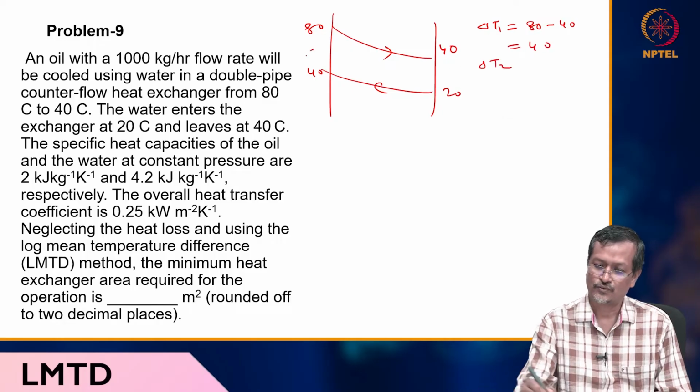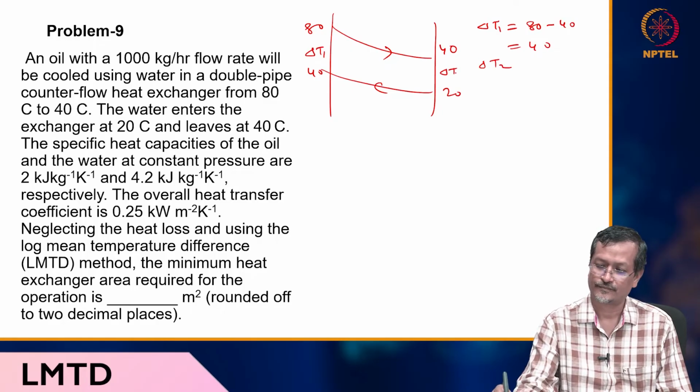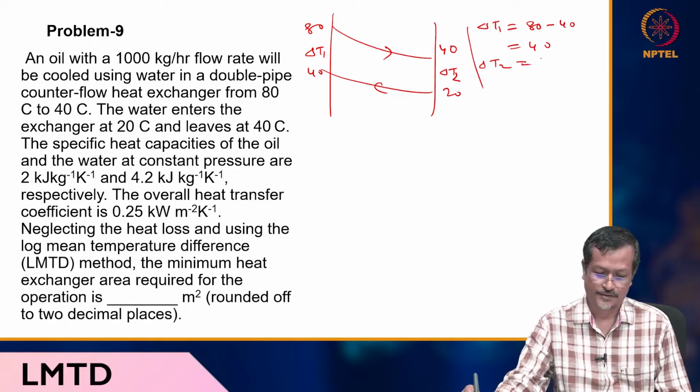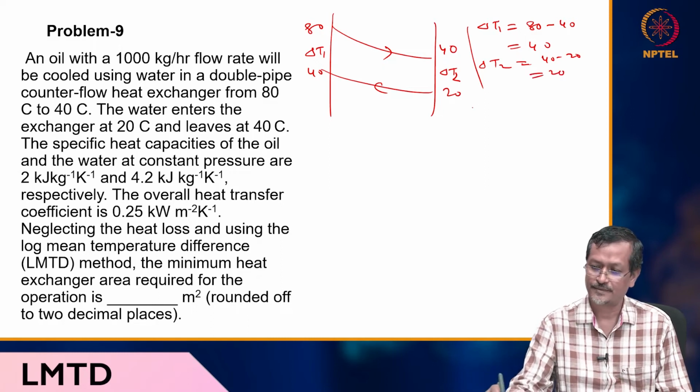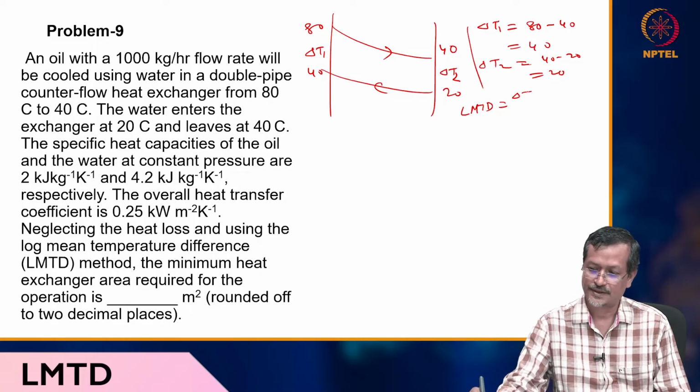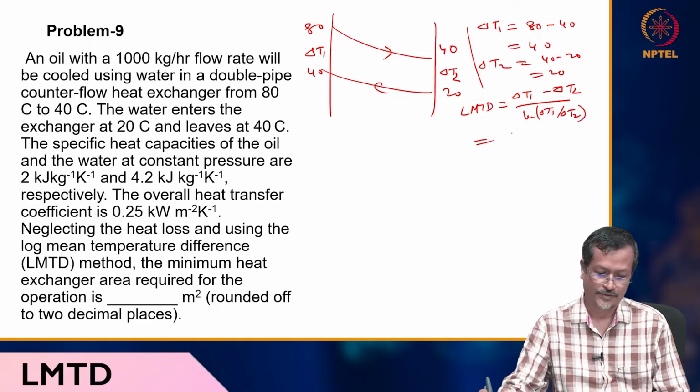Del T2 equals 40 minus 20 equals 20. So LMTD equals (del T1 minus del T2) by logarithm of del T1 by del T2, equals coming 28.85.